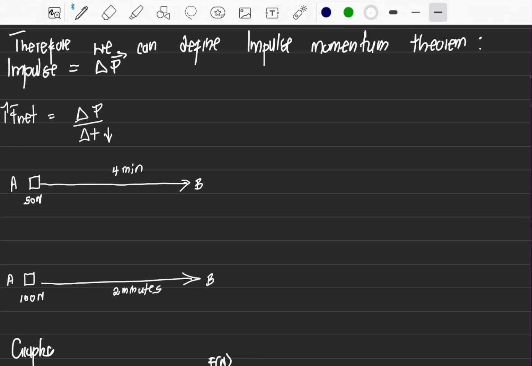The more time it takes for work to be done, the less net force is being applied. So that's how you can see the effect of the net force on time, and also the effect of net force on momentum.